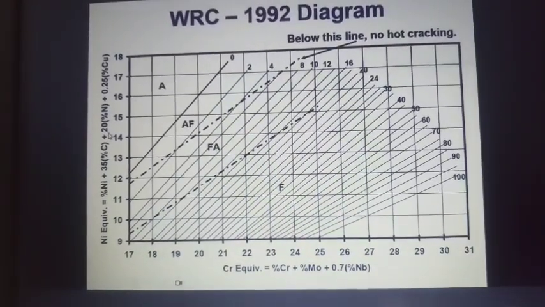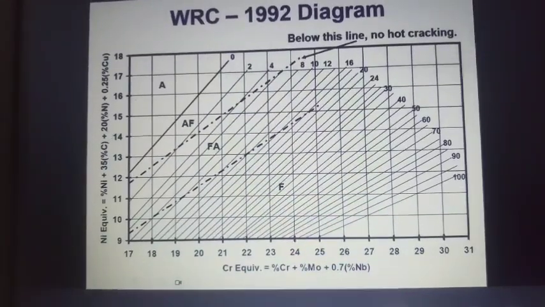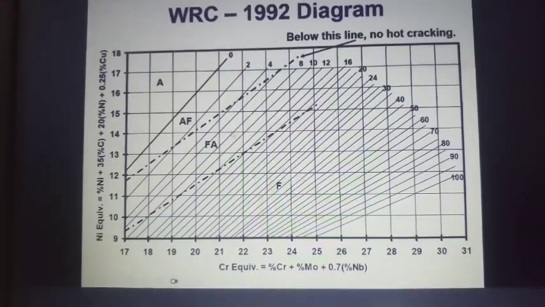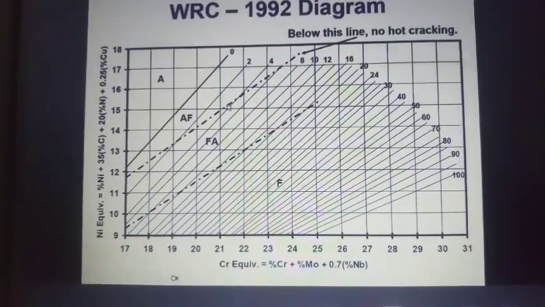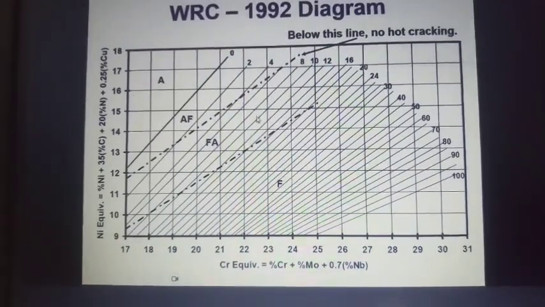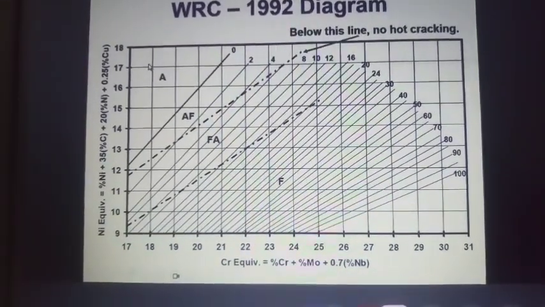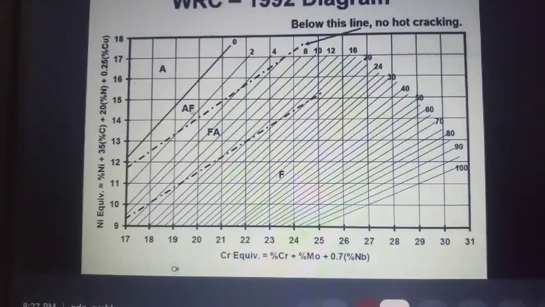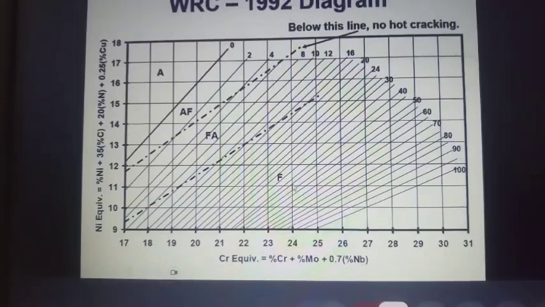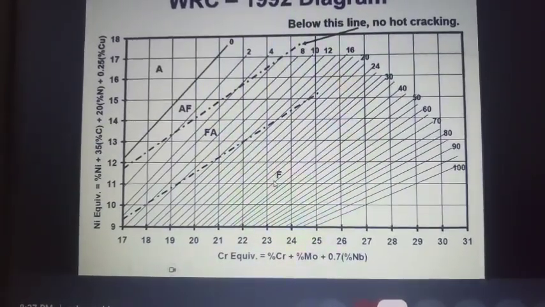You have to balance the filler metal composition so that you always end up in the ferrite-austenite region. Then only, when you weld, you don't have cracking. If you end up in A or AF mode, you will have cracking. When you end up in FA mode, or even F mode, you will not have cracking.